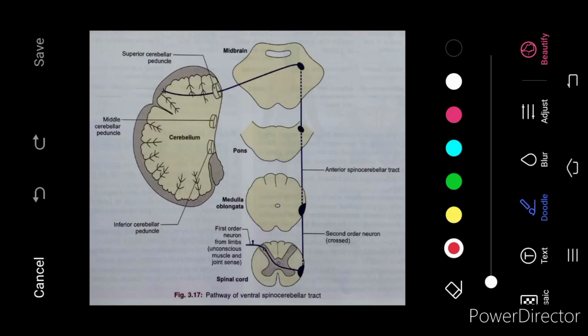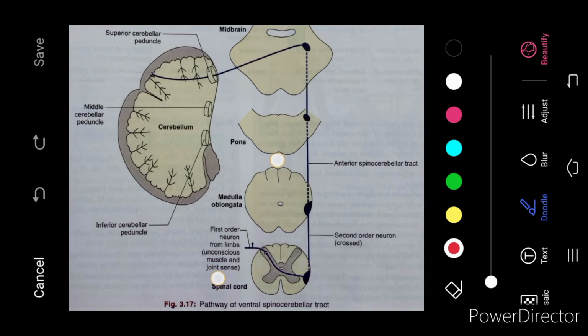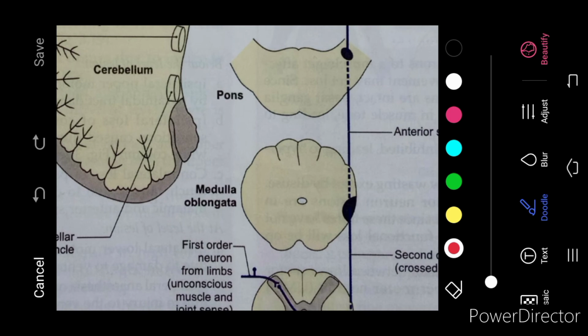Now let's see the pathway of the ventral spinocerebellar tract. When this tract receives sensations from the unconscious muscle and joint, it travels first to the dorsal root ganglion, which is the first order neuron.